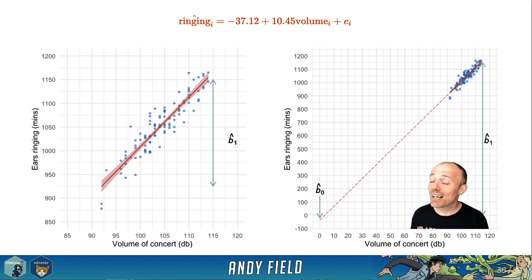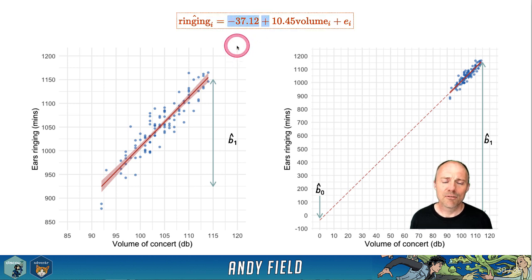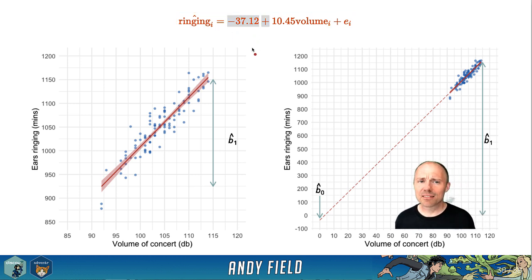Now, clearly this value should be 0. If you have no noise, your ears shouldn't ring at all. But what we find when we estimate this model is actually the value is minus 37.12. That's illustrative of the fact that it's a model with error.